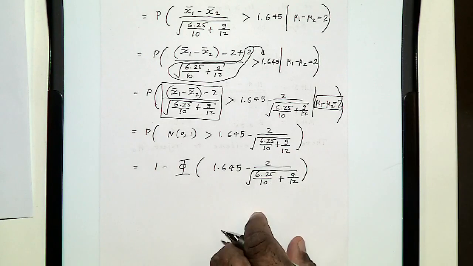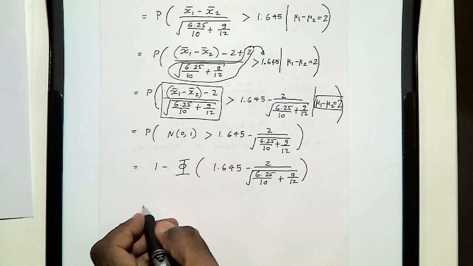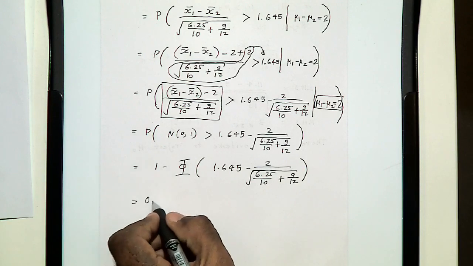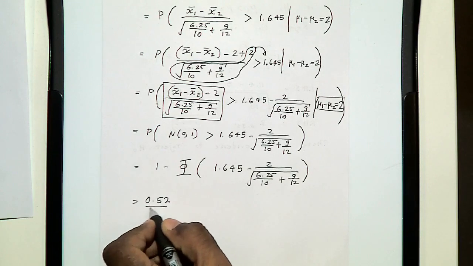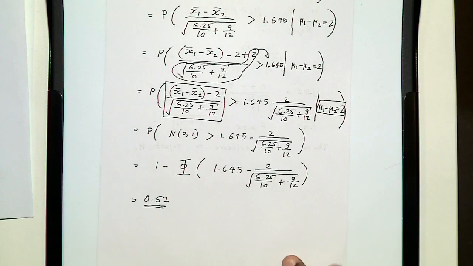And if you work this out using the tables or using the R software, this will become equal to 0.52. So this is the answer to part 2. This is the probability of correctly rejecting the null hypothesis when the true difference is 2, right? Is that okay, guys, or not?